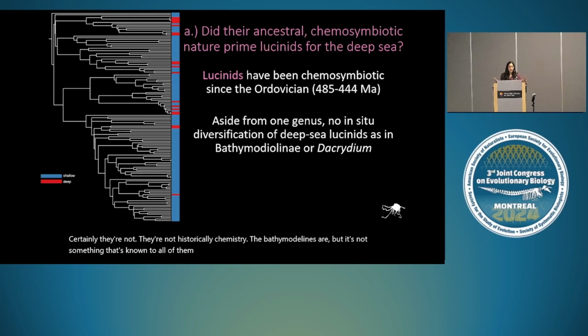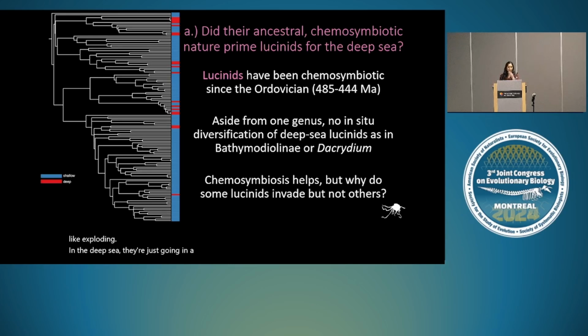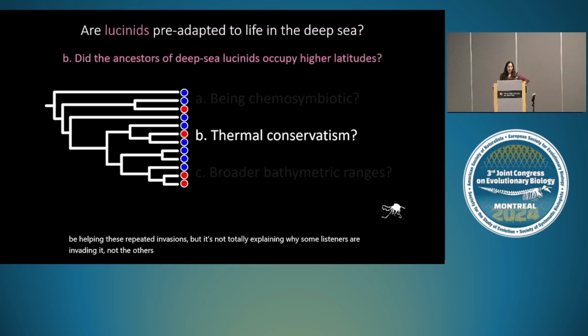One weird thing about this as a potential reason for lucinids repeatedly invading the deep sea is that there's no in situ diversification of these deep sea lucinid taxa, in the same way that we're seeing in the Bathymodiolins, let's say, or Dacrydium. They're not exploding in the deep sea, they're just going in a lot. So chemosymbiosis might be helping these repeated invasions, but it's not totally explaining why some lucinids are invading and not others.